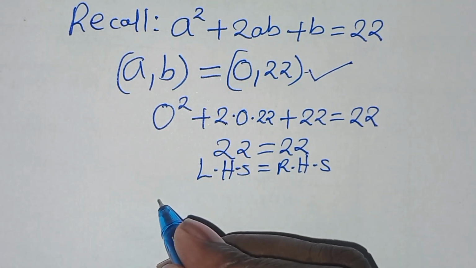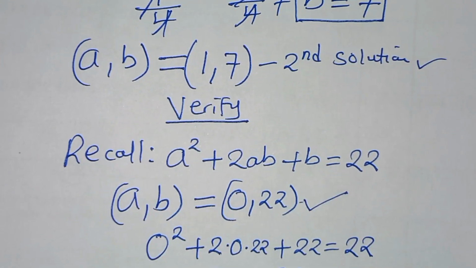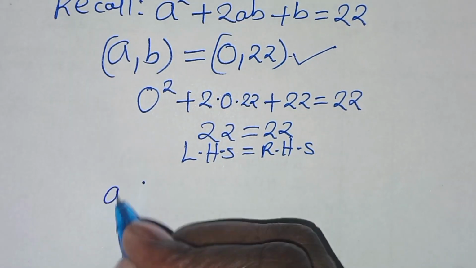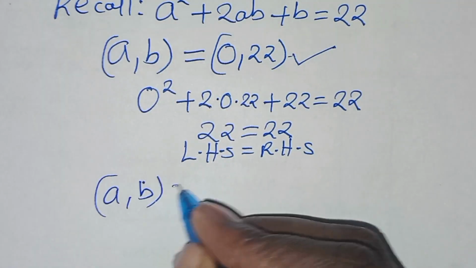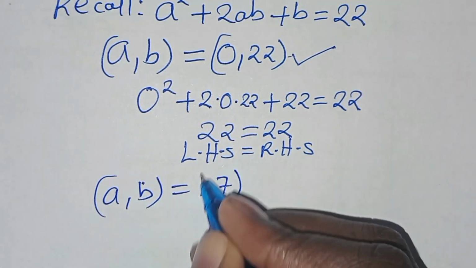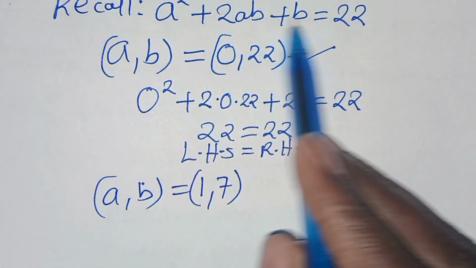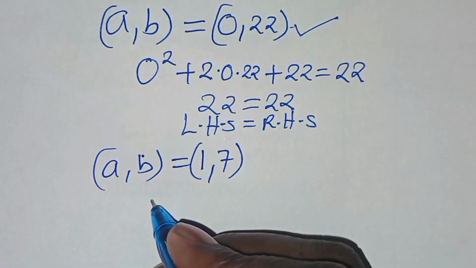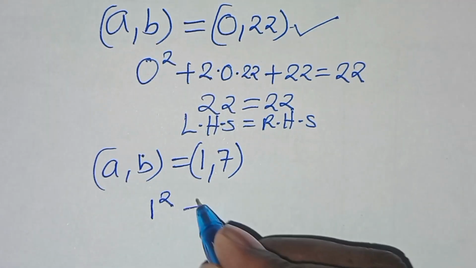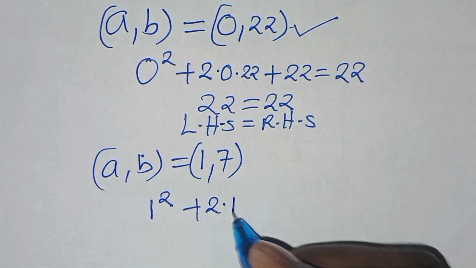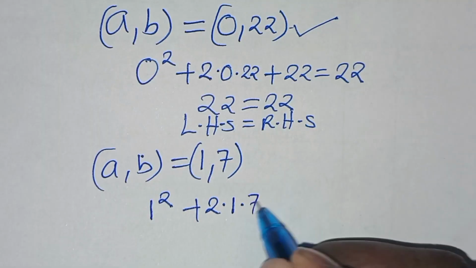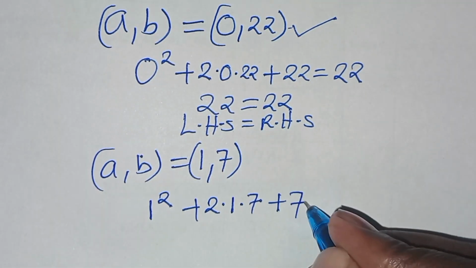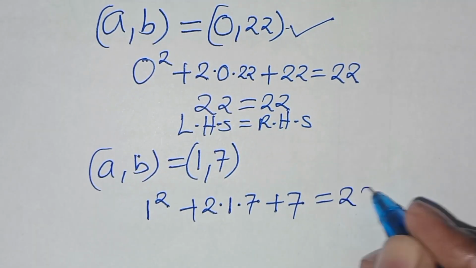Let's check the second set of solution, which is actually 1, 7. So we have a, b, which is 1 and 7 here. Let's substitute in this equation so that we'll have 1 squared plus 2 times a, which is 1, times b, which is 7, plus b, which is 7. This is supposed to give us a value of 22.